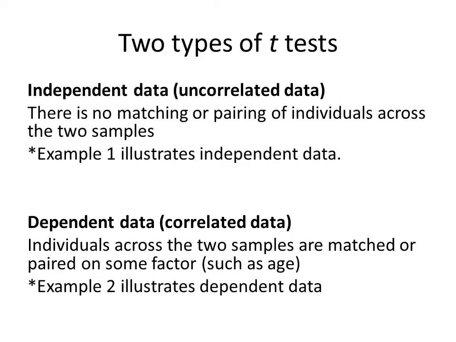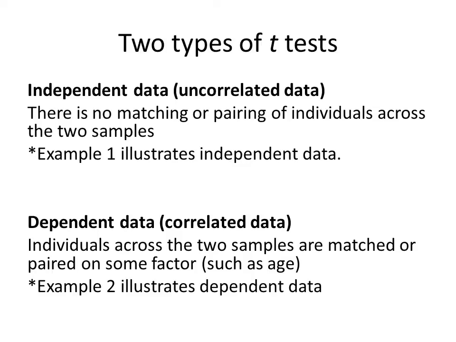All right. And then we have correlated data or dependent data, which means that the individuals across the two samples are matched or paired on some factor.